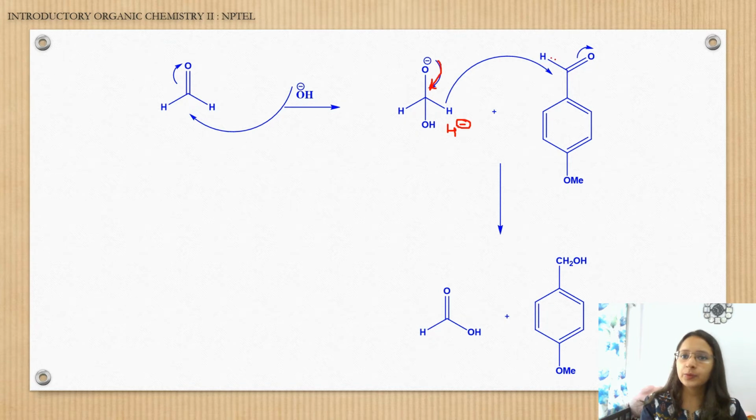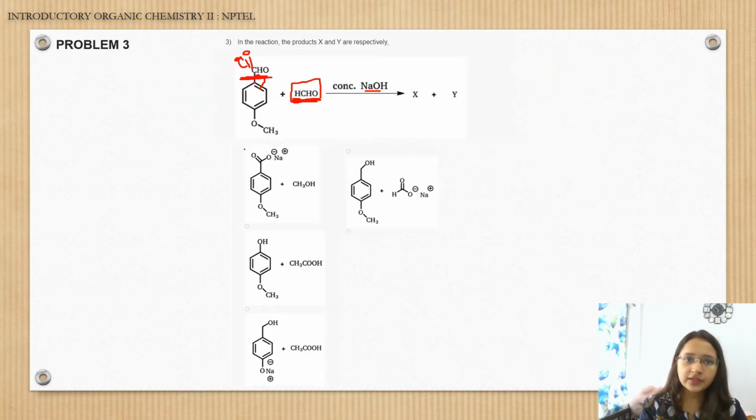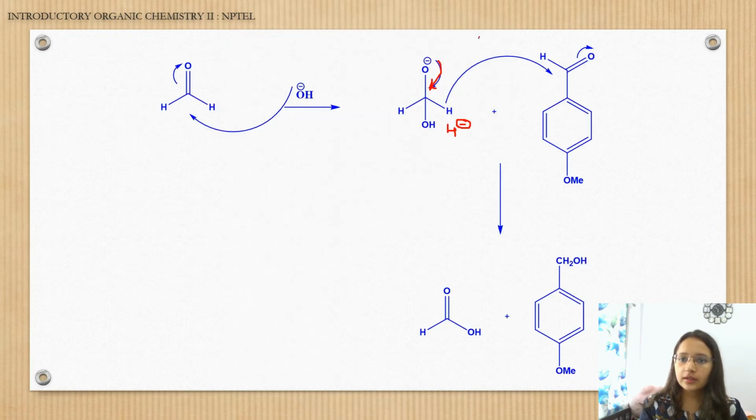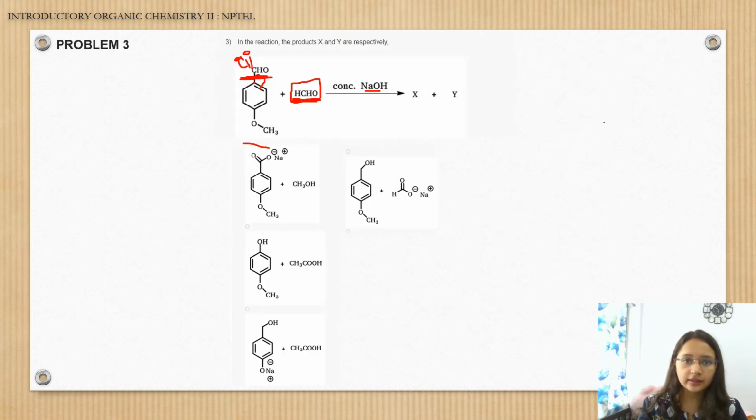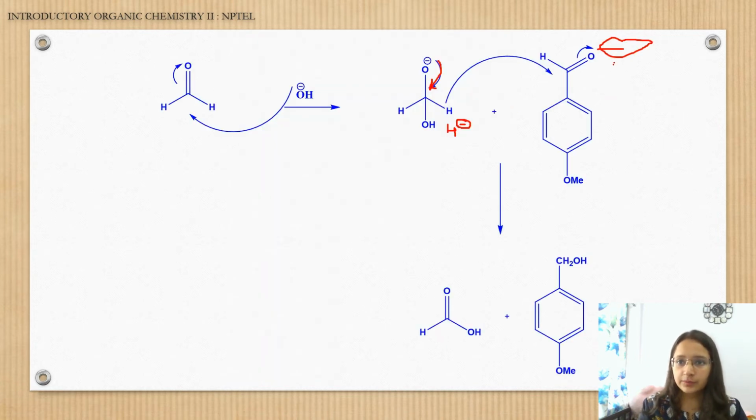It will attack the carbonyl carbon of the reacting species, the para-methoxybenzaldehyde, and then this O minus is getting generated here, right? I have skipped a step, because I showed you in the Cannizzaro mechanism that after the proton abstraction from the proton source, this alcohol and this formic acid are getting generated here.